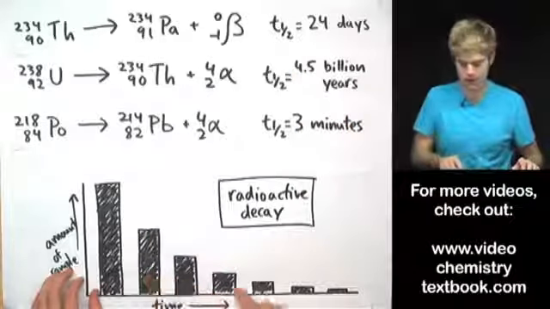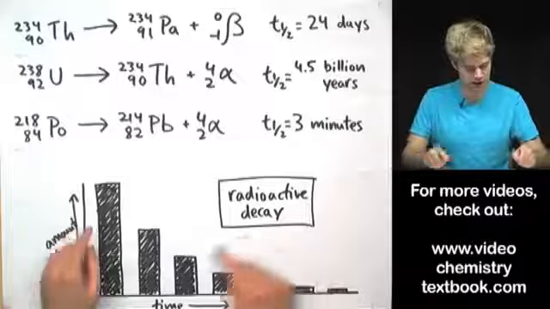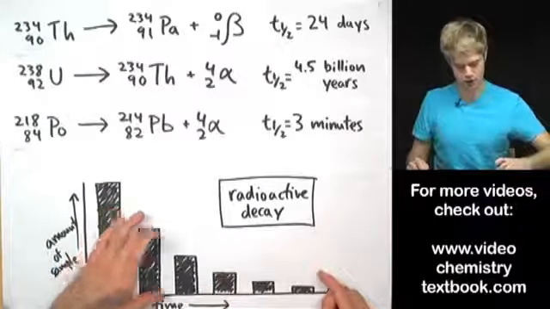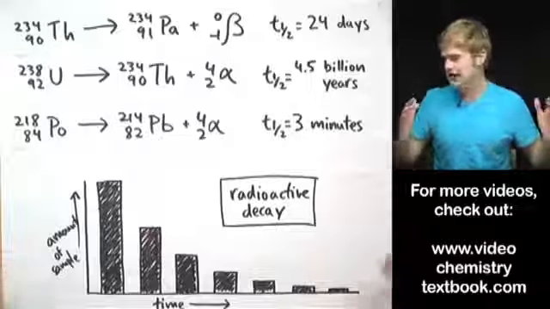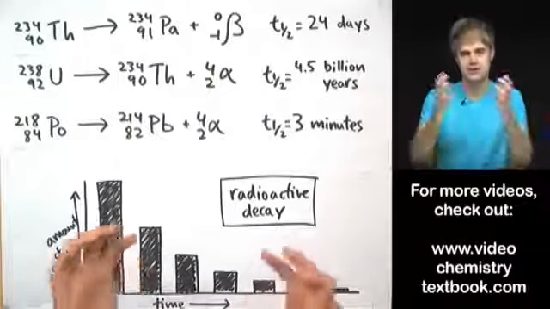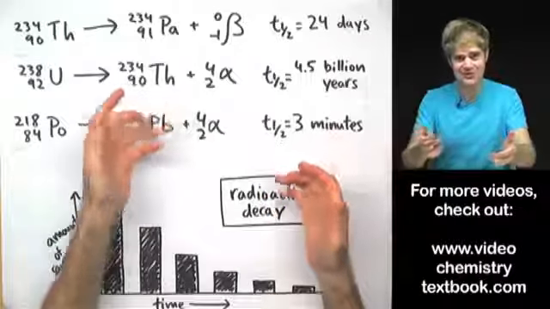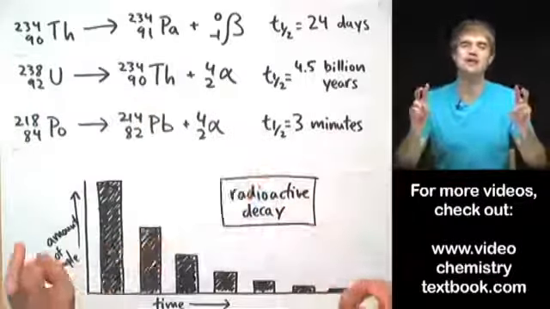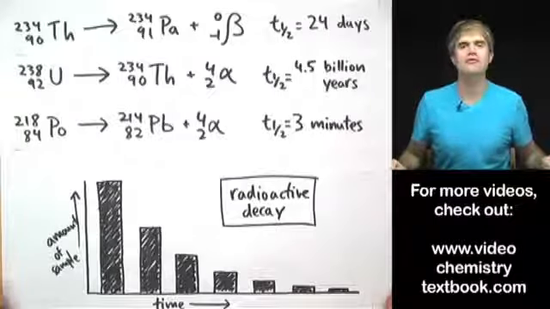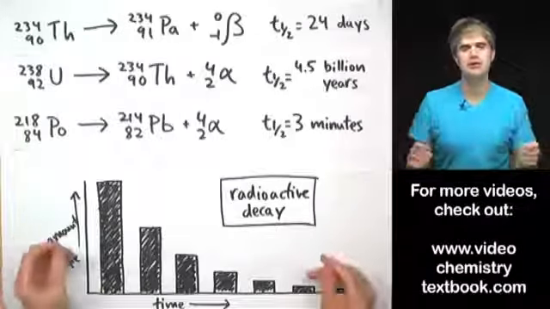And if this were polonium, it would be 3 minutes to go from here to here and 3 minutes to go from here to here. So that is half-life, the time required for half of a sample to decay, to turn into something else, to, as I keep saying, to disappear. Okay, so that's a background on half-life. Now let's do some calculations for half-life.